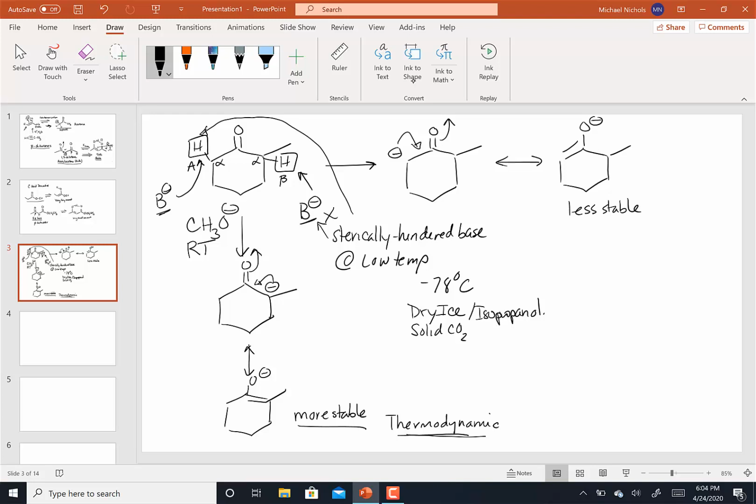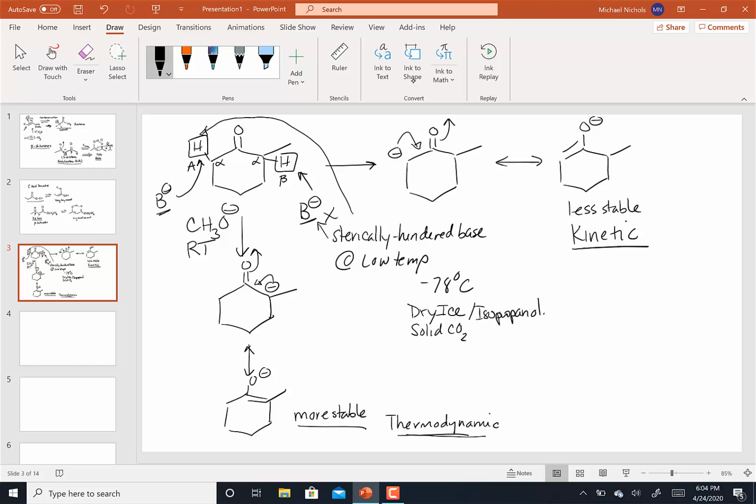So again, I'm using the factors that we talked about for kinetic and thermodynamic products, and I'm simply applying them to the formation of enolates when I can form more than one type of enolate. Now, you might say, what's your sterically hindered strong base going to look like?